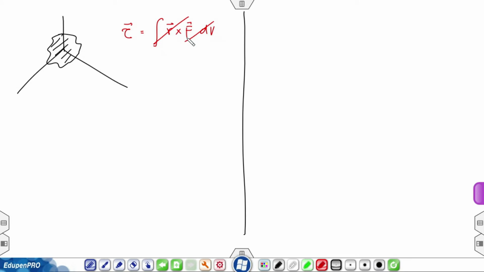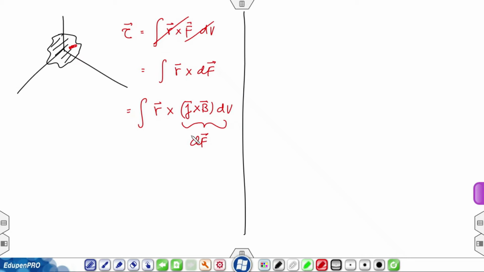I should actually write, if I take a small element, let me make it carefully. Here is a small element of current, then it should be integration R cross dF, which is calculated as j cross B dV integrated over. So, this part is dF.